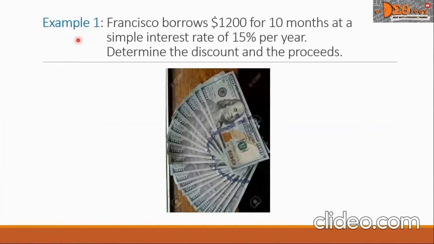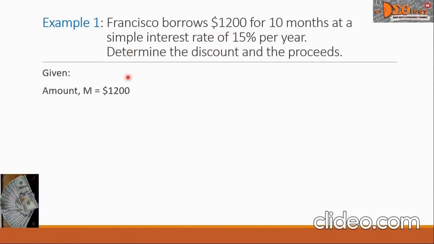Let us have this example 1. Francisco borrows $1,200 for 10 months at a simple interest rate of 15% per year. Determine the discount and the proceeds. First, let us write the given of the problem, starting with the amount denoted by M, and that is the $1,200.